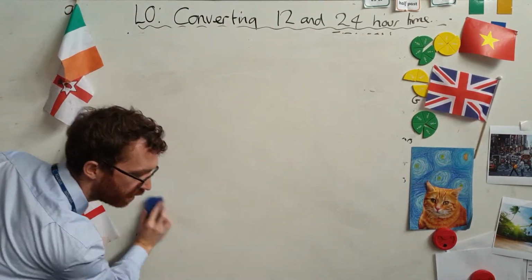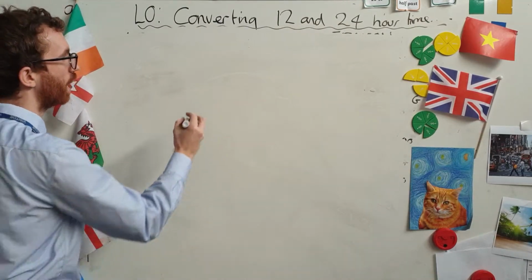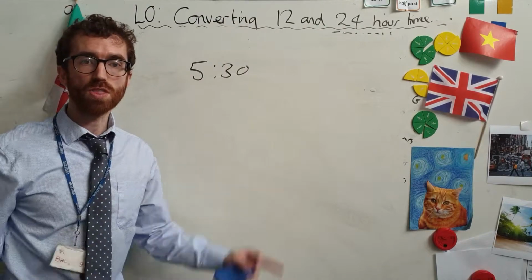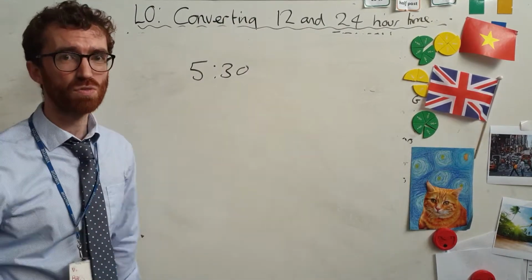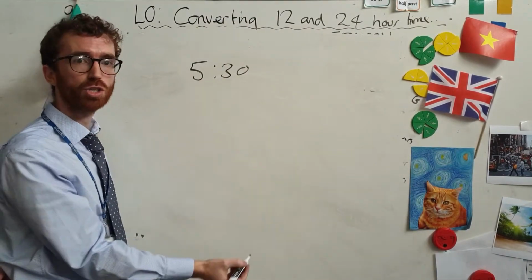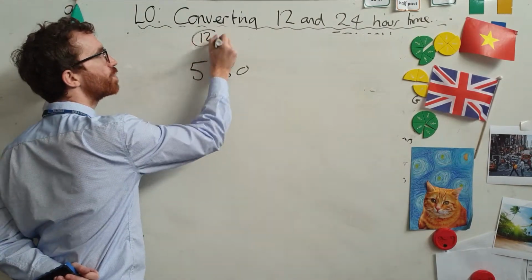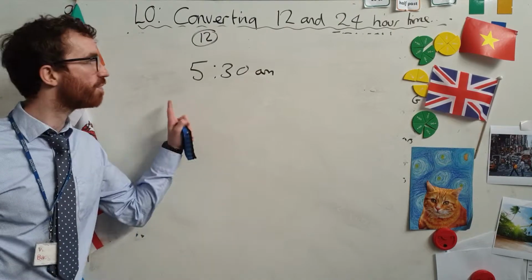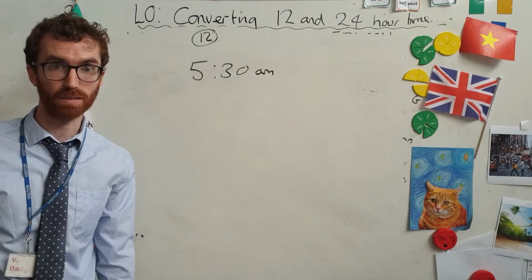So, what does this all mean in practicality? When I wake up in the morning, I wake up at around 5:30. How do I know that that is morning? Well, at the moment, I don't really know because I don't know if it's a 12-hour or a 24-hour clock. We're going to start with 12-hour clocks. If I wake up in the morning at 5:30, I wake up at 5:30 a.m. That tells me it's the morning.